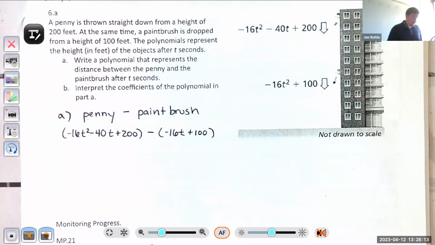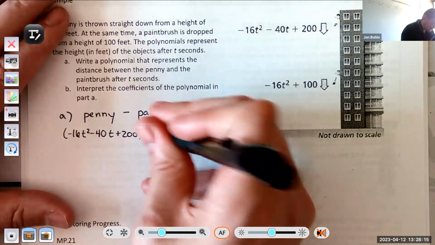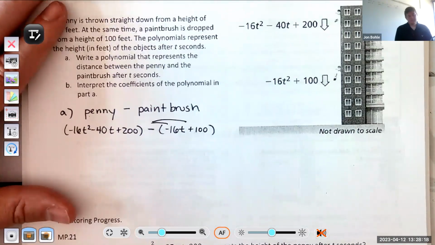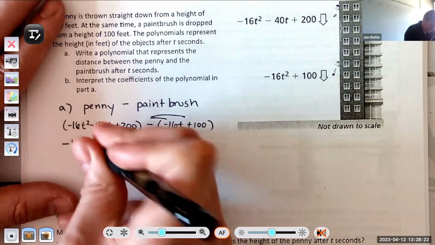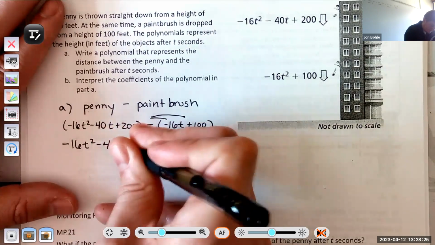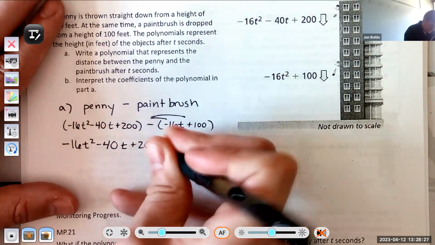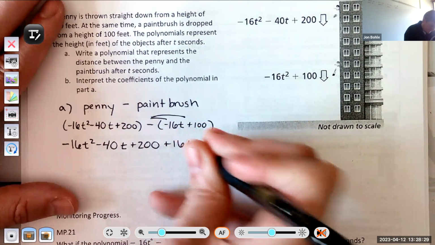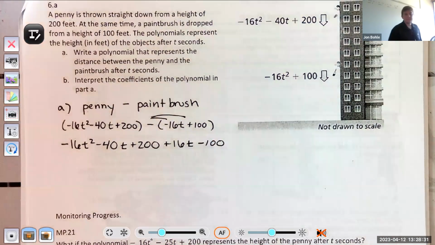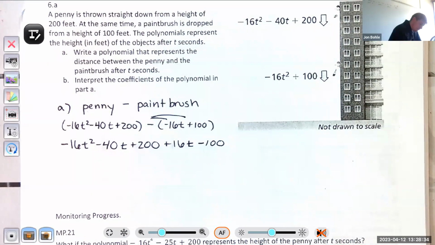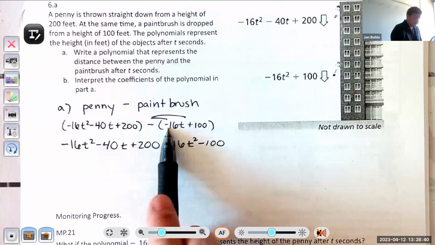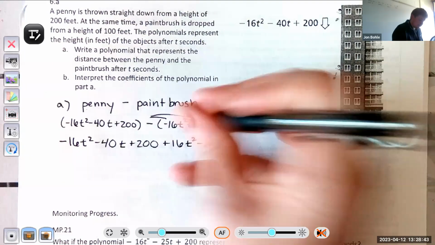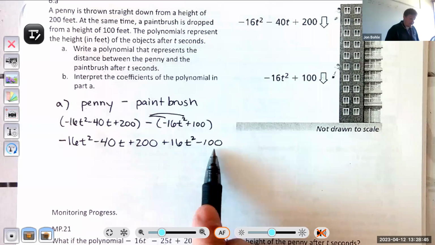Okay, so we should simplify this expression. We're going to do that by distributing a negative. So I distributed a negative, negative 16t squared turns into positive 16t squared, and positive 100 turns into negative 100.